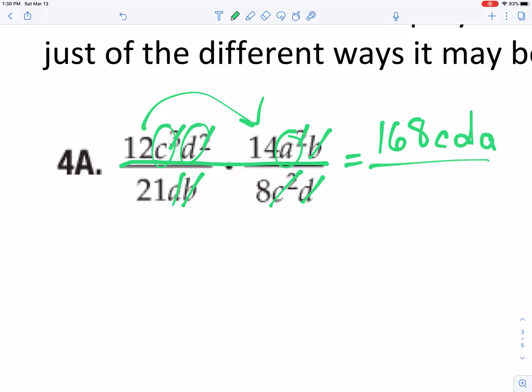Now do the 21 times 8, and that gives me 168 with, oh, nothing on bottom. Okay. So that allows me to now see that the 168 cancels and the 168 cancels, or I could have simplified that, however, simplified as a fraction.